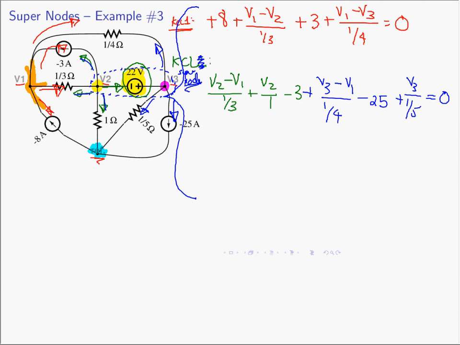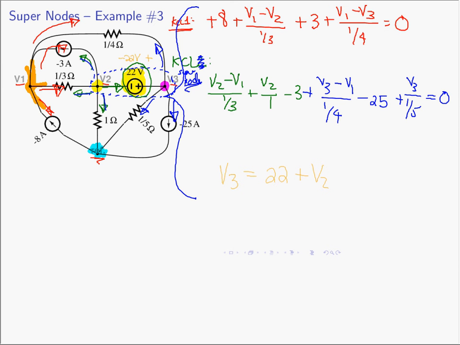It means the V3 side is going to be 22 higher than the V2 side, because we know the voltage is plus to minus. The right-hand side is 22 volts higher, 22 joules per coulomb higher than the left side. So we get V3 equals V2 plus 22. Now we have 3 equations and 3 unknowns, and then you can solve.